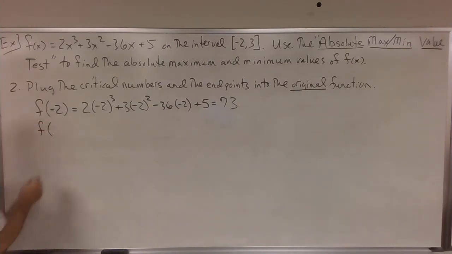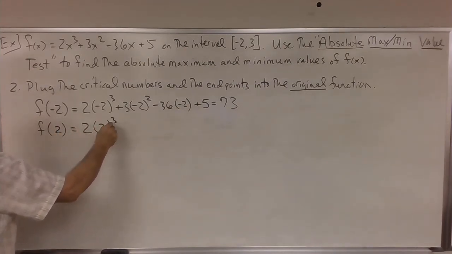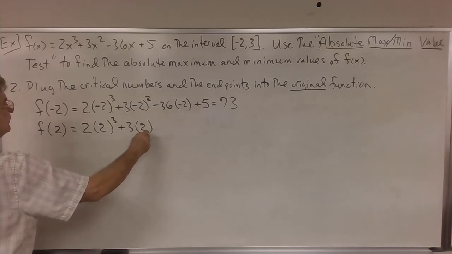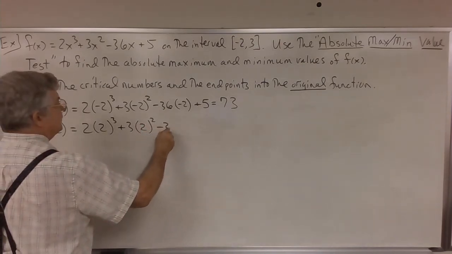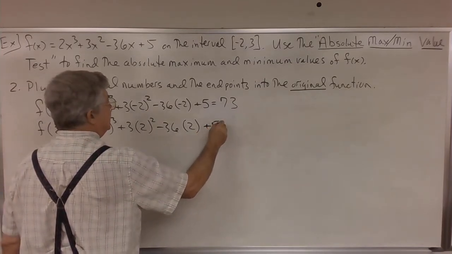The critical number, that was 2, wasn't it? 2 times 2 cubed plus 3 times 2 squared minus 36 times 2 plus 5.